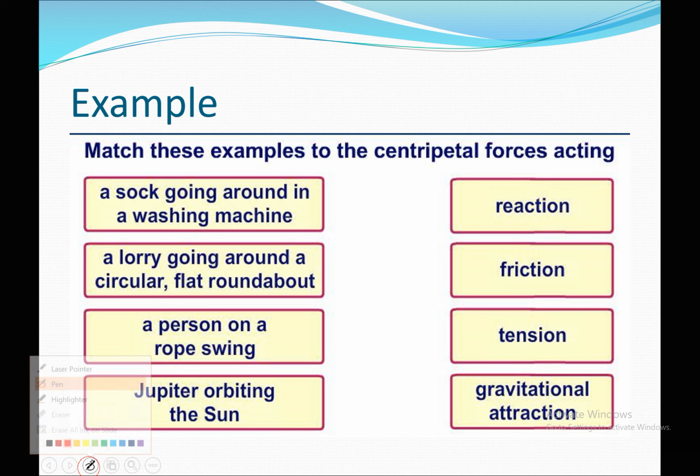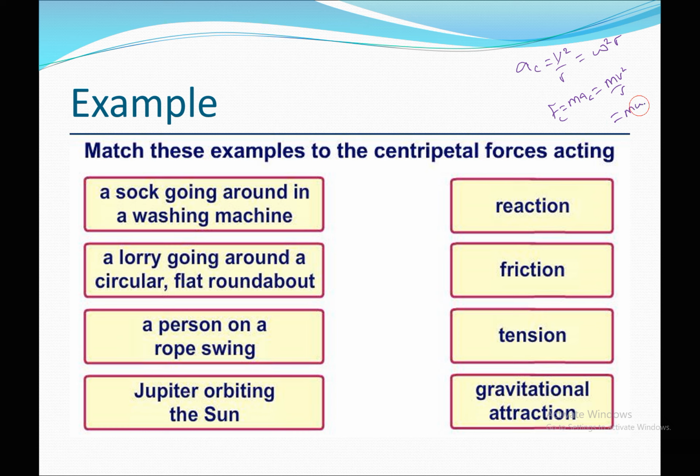We have already seen that the centripetal acceleration is v squared over r, which is omega squared times r, and the centripetal force, which is m times centripetal acceleration, will simply be mv squared over r, or m omega squared times r. That will be the centripetal force.